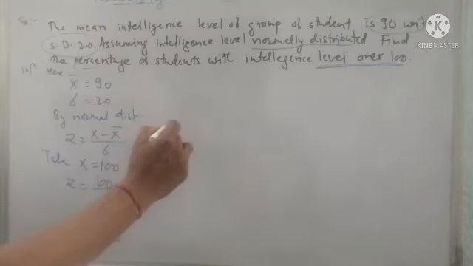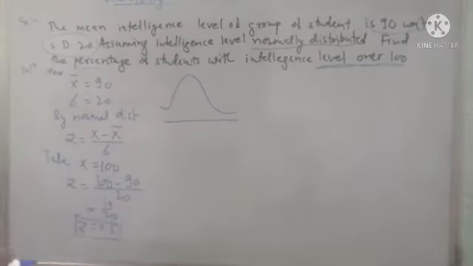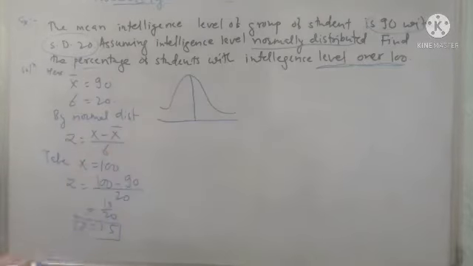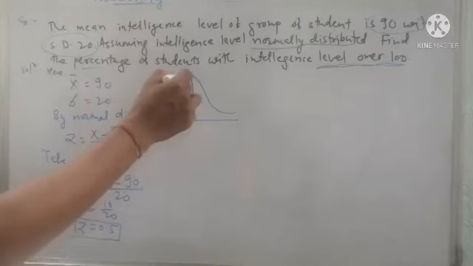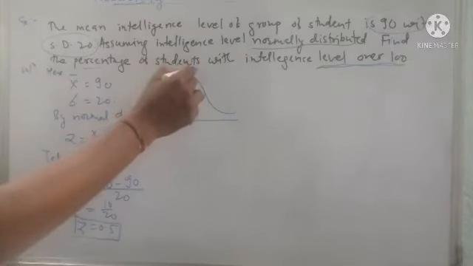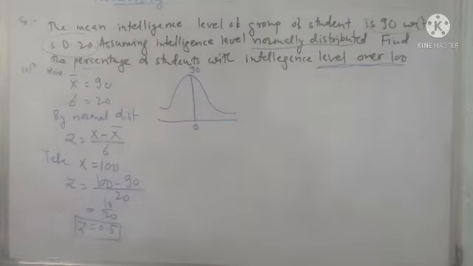Now in the second part we draw a normal curve, in which the maximum height between the curve and the axis is represented by the point on the curve as the average of the distribution, which is here 90, and on the axis the normal variable as 0.